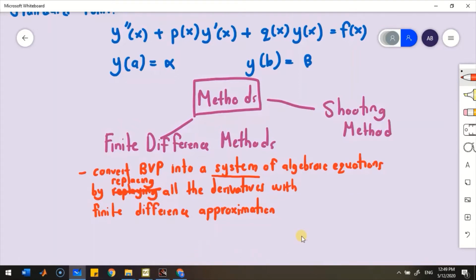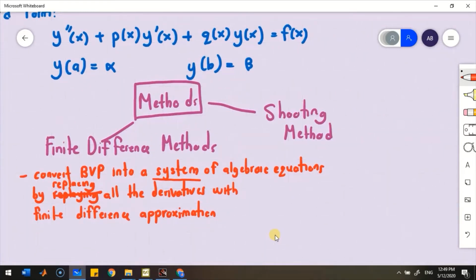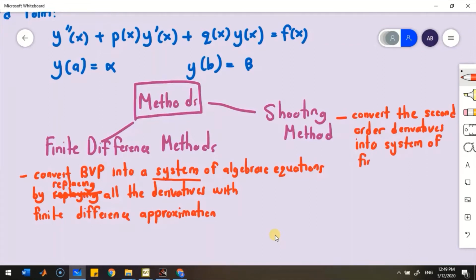And what does the shooting method do? The shooting method, on the other hand, converts the second order derivatives into a system of first order linear equations.